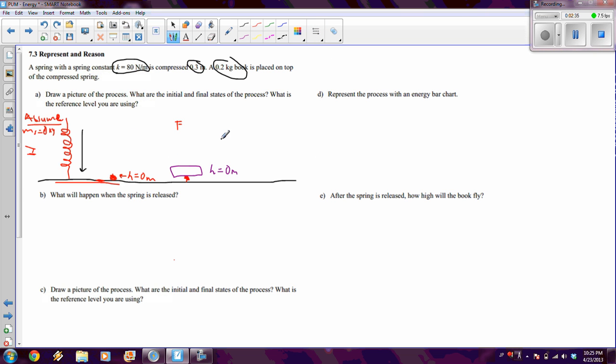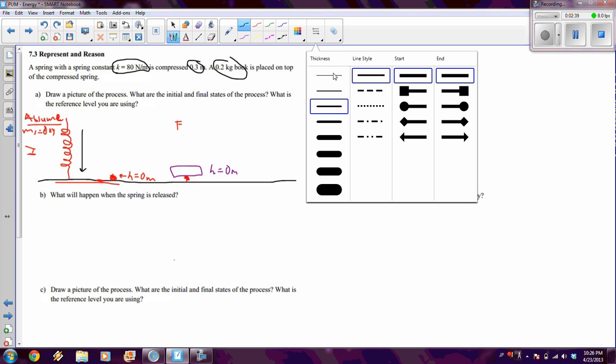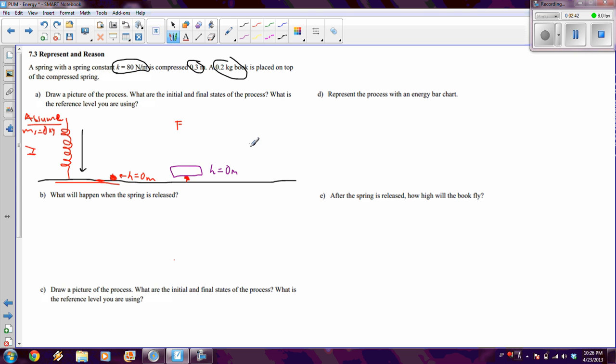So that's a picture of our first. And again, the reference level we are using is that h, our height, is equal to 0 meters. So that's at this ground level right here. Throughout the whole thing, that's our reference.